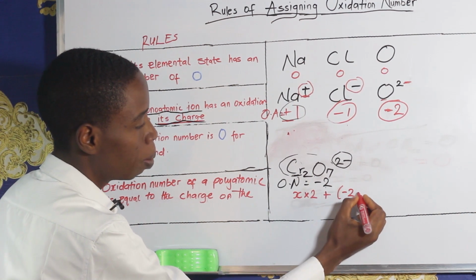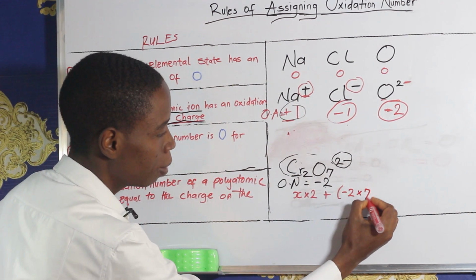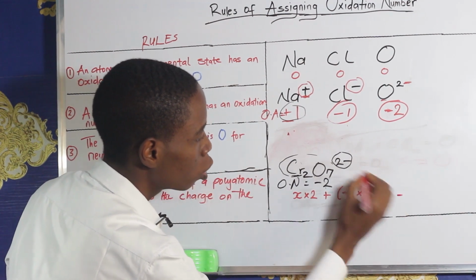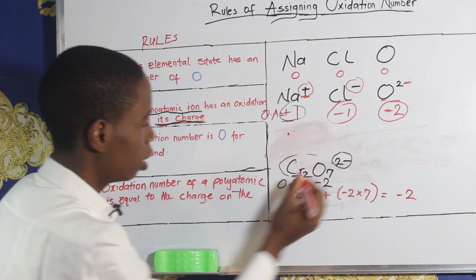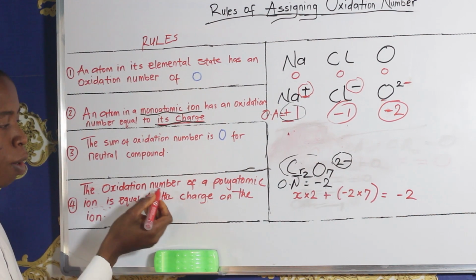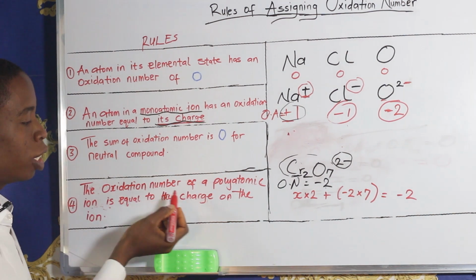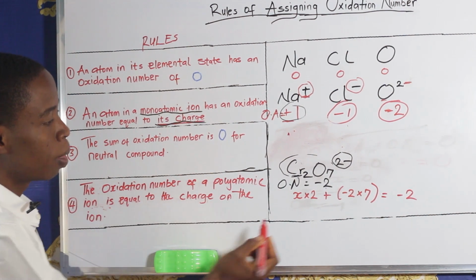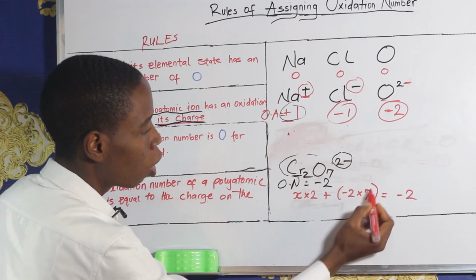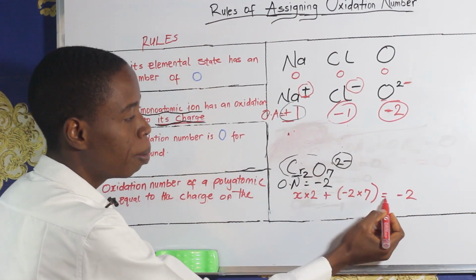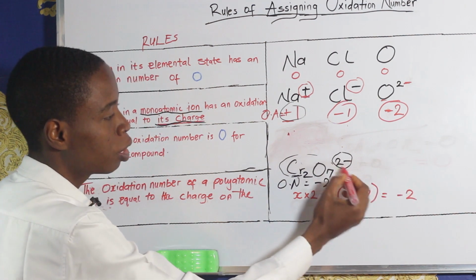So we are going to do minus 2 times 7, which will be equal to minus 2, the charge on it. Based on the rule, the sum of the oxidation numbers of the individual atoms in the polyatomic ion will be equal to the charge on it, which is minus 2.